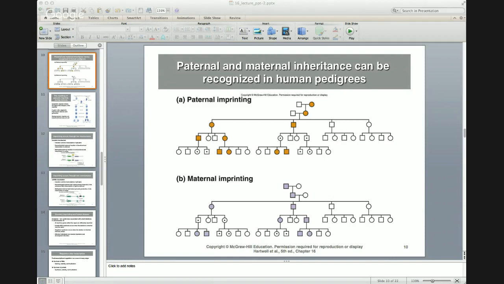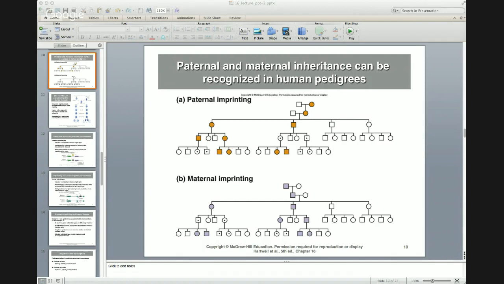A functional insulator imprints the gene it is associated with, while an insulator that is non-functional because of methylation allows for expression of the gene, in this case IGF-2. So that's one mechanism by which imprinting can occur.